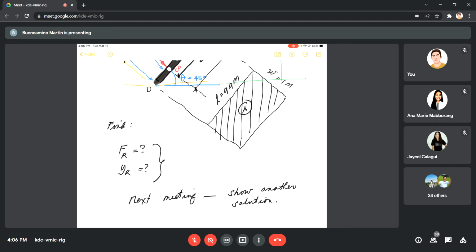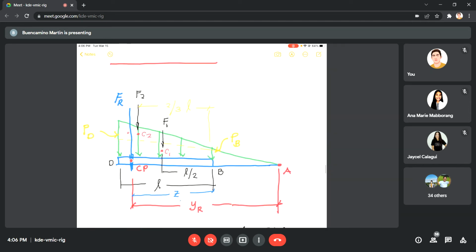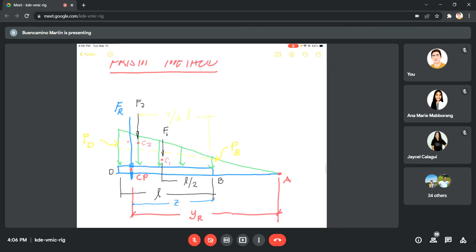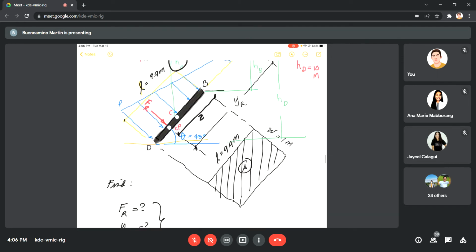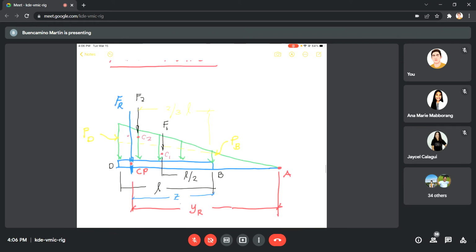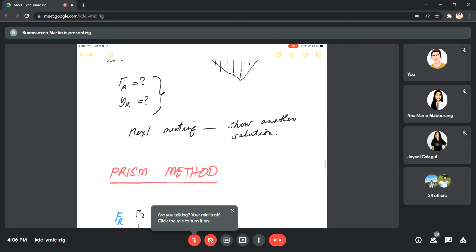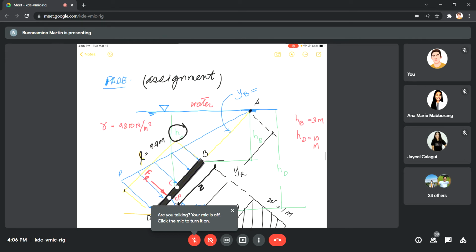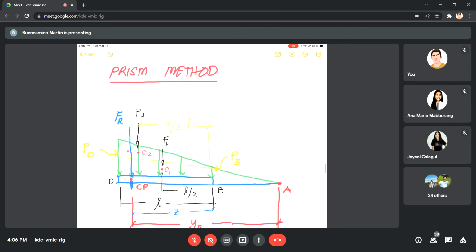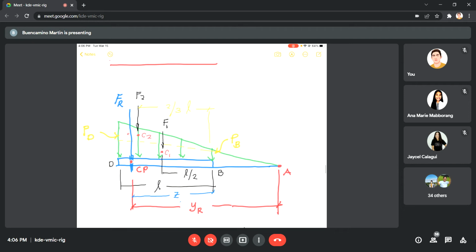Okay. Now, there can be two methods on how to solve this. So, kung papahigain natin itong figure na ito, instead na naka-incline siya, let us imagine that it's like a beam, horizontal beam.